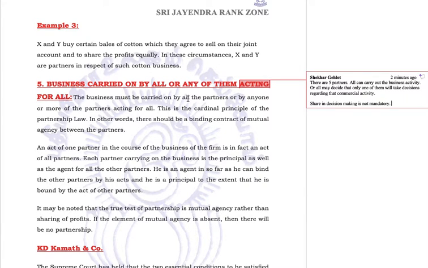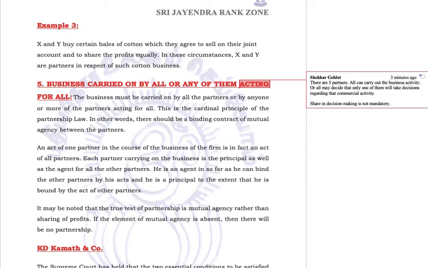Like out of these five, all five may be acting, or only one, or two or three may be continuing the business, and another two may be just sitting members or sleeping members. They are just earning profits and sharing losses.